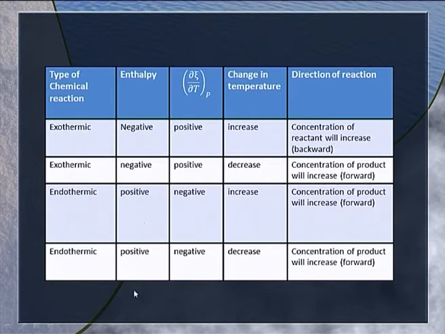Then if you are looking at endothermic processes where there is a positive value of enthalpy, this value is going to be negative with respect to change in temperature. If it increases or decreases, there will be a direct effect on the direction in which the reactant or the product moves.